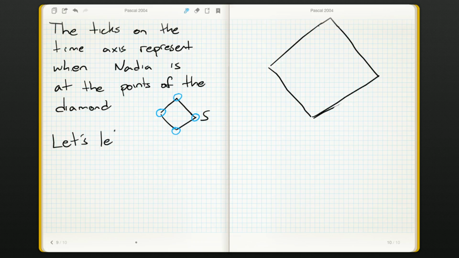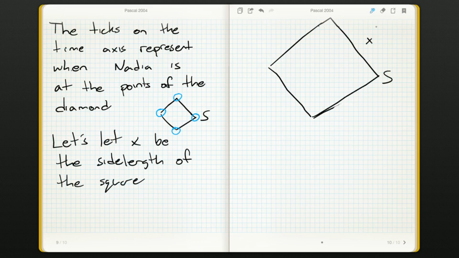So let's let X be the side of the square. So here's S, we know this is X. If I want to take a look at the distance here, well, it's X. No big deal there.